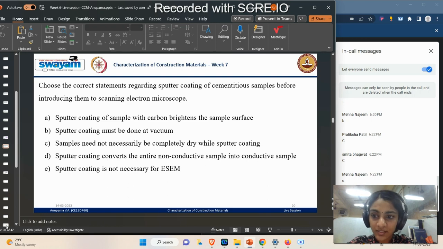Option A, sputter coating of the sample with carbon brightens the sample surface. Option B, sputter coating must be done at vacuum. Option C, samples need not necessarily be completely dry while sputter coating. Option D, sputter coating converts the entire non-conductive sample into conductive sample. Option E, sputter coating is not necessary for ESEM.